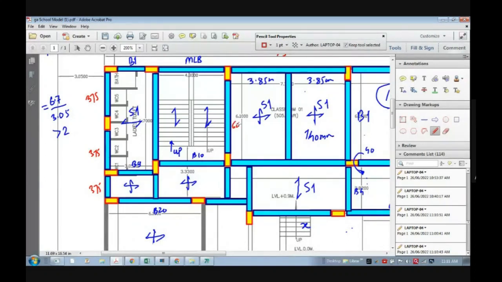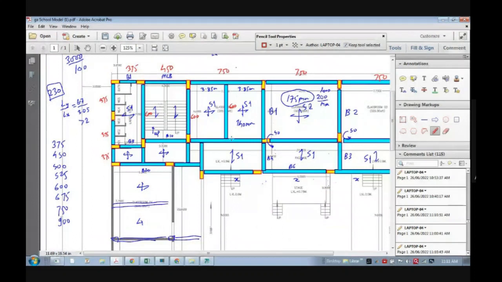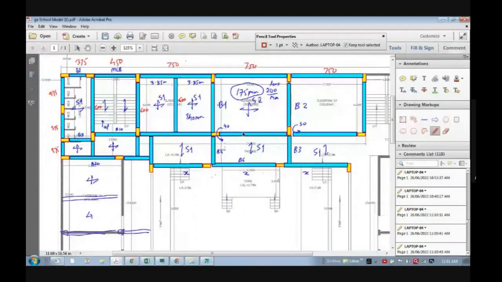So let's say 600. This one is 600. So how we start with the planning, because deciding the sizes is a really important thing. अभी ये कितना आएगा? This one also you can think of 750, this one 750 here. And this is 6 meters, so you can think comfortably 600 here.